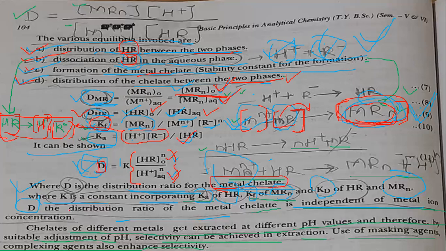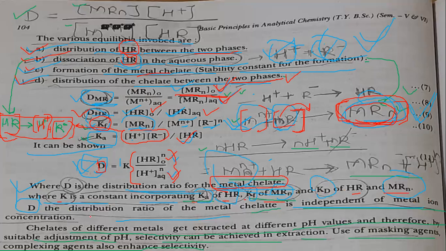So K is a constant incorporating Ka of HR and KF of MRN, and KD of HR. That KD is not mentioned over here; they have not shown KD anywhere.